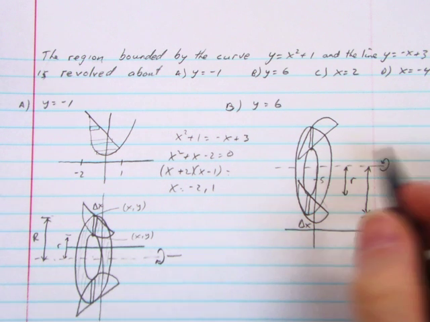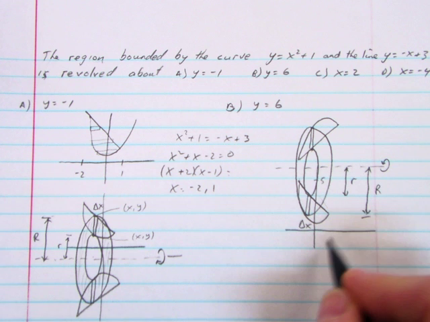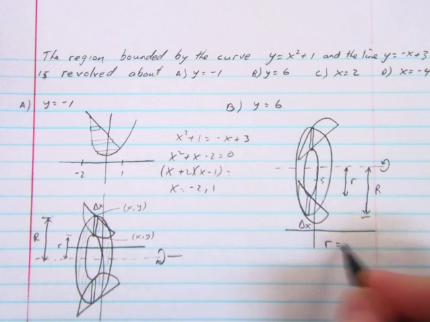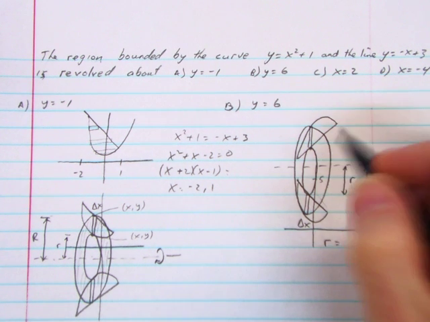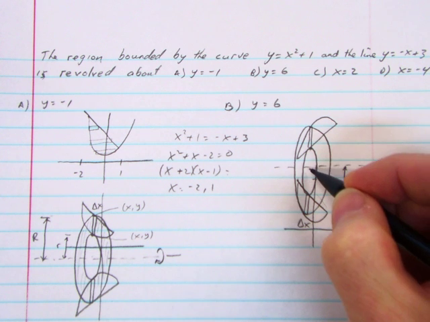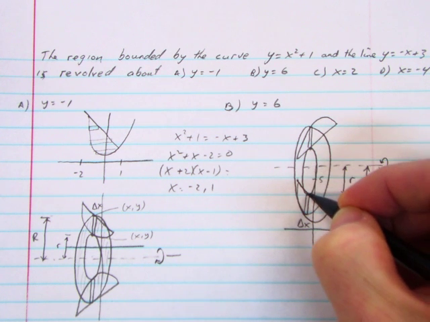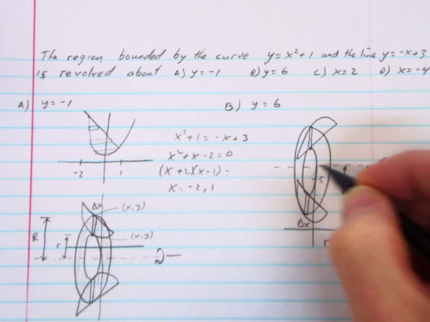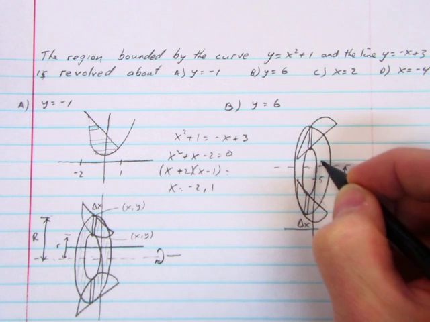So how do we go about doing this? Now, label there, we have little r. Again, little r is going to be the y values. So it's going to be this y value minus this y value. Well, what is the top one? That's at 6.